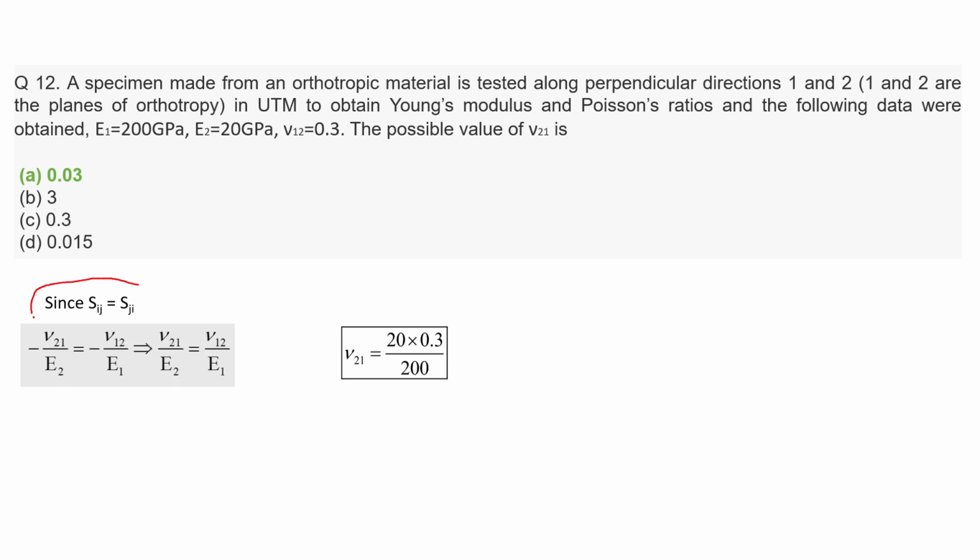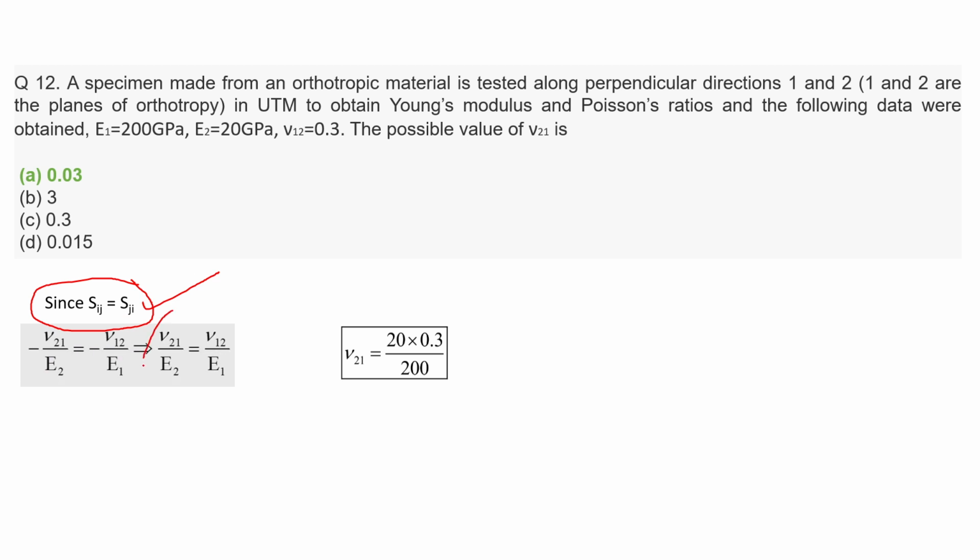So from the relation of symmetry, the independent coefficients of the compliance or stiffness matrix, we already know that Sij is equal to Sji due to symmetry. So putting the values in this relation, we can get a relation between Poisson ratio and modulus.